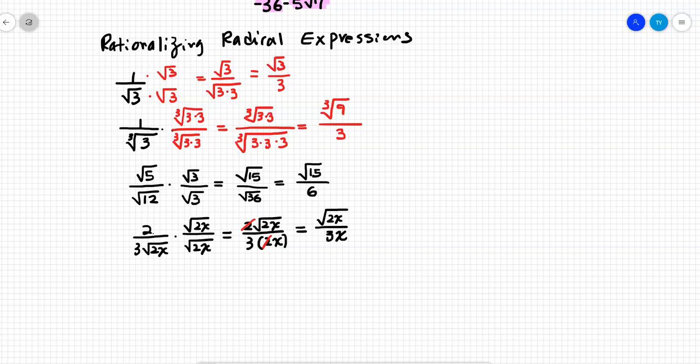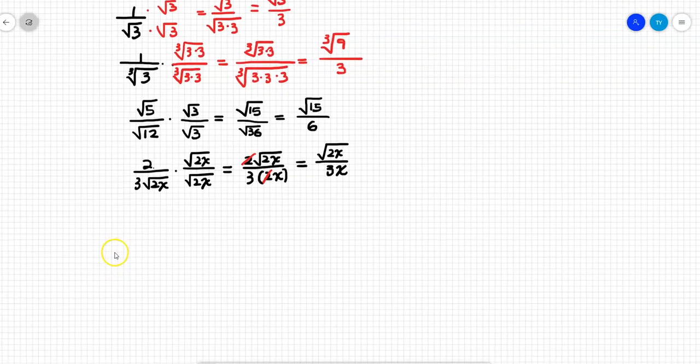Now the problem here is, what if you have two terms? We just talked about the single term at the bottom. So now what if you have something like square root of 2 divided by square root of 6 plus 2?